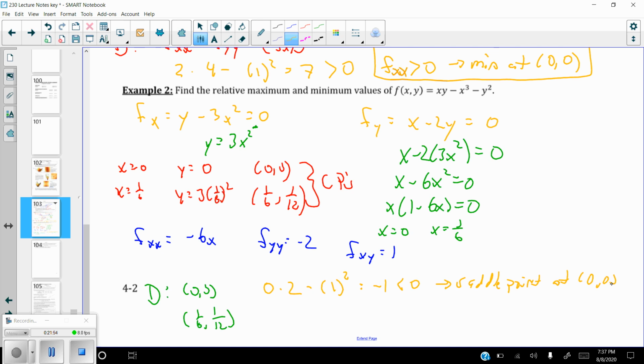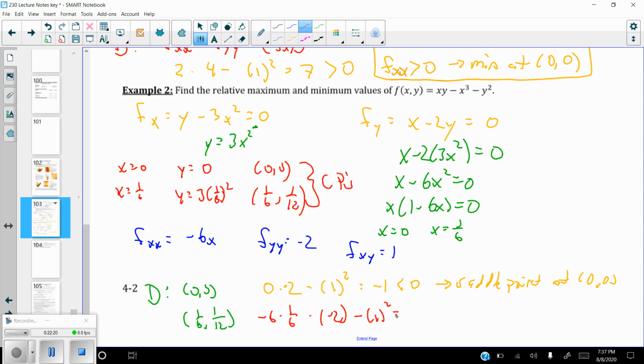And then if I do 1/6, that's going to be negative 6 times 1/6. And then we still have to do times negative 2. Whoops, I actually forgot my negative in the top one. Didn't matter, but I did forget it. Times negative 2, and then minus 1 squared.